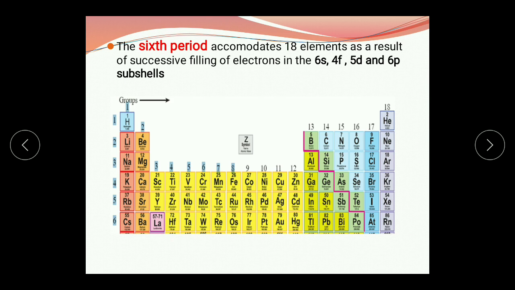So in all, if we calculate, there are 32 elements in it.